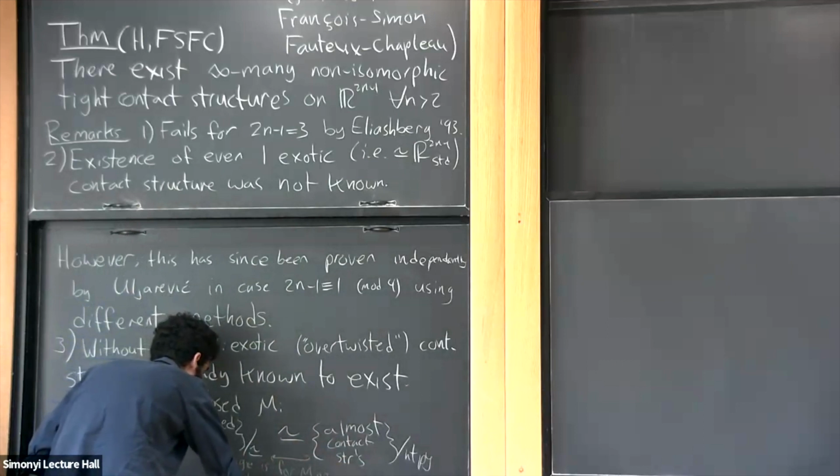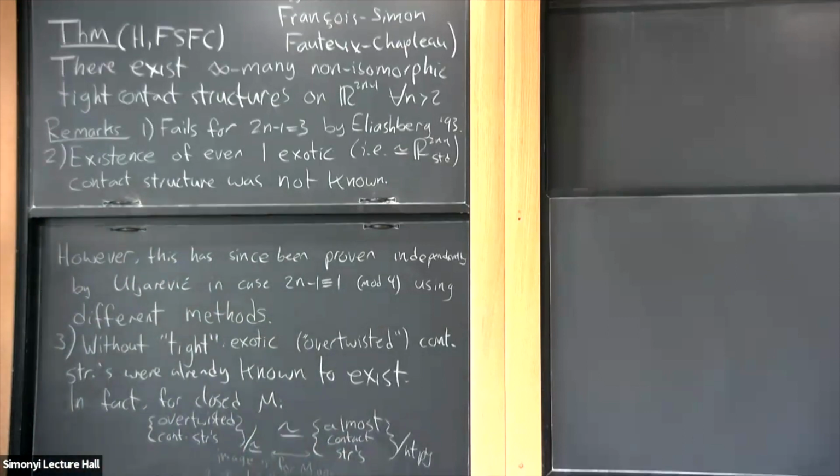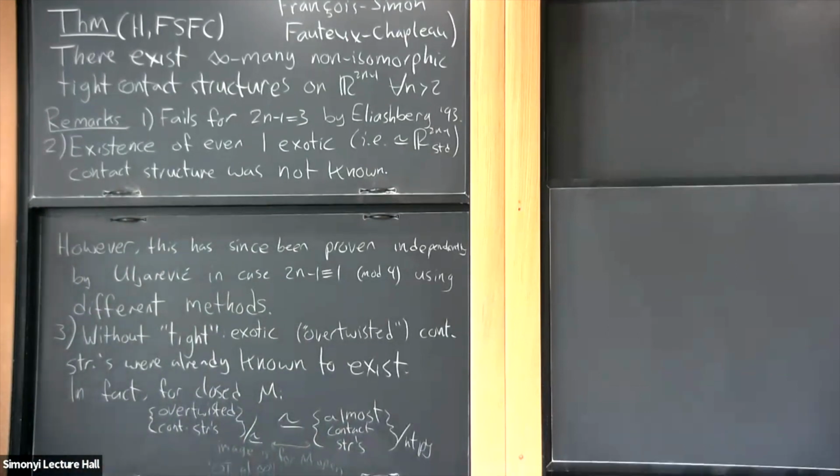Yeah, by the way, please let me know if I'm writing too small. So when you have overtwisted contact structures on an open manifold, you can look at the ones which remain overtwisted outside of any compact set, and then the ones that are tight at infinity but overtwisted on a compact set. And yeah, so you get isomorphism to the overtwisted at infinity ones.